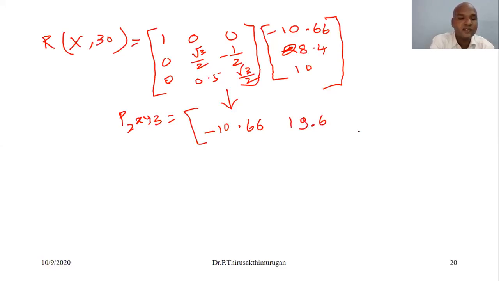Okay, 19.6. 14.2. 22 or 21? 22.8, sir. 22.8. Good. Now please do after this rotation, the robo makes an angle of 90 degree about y-axis.